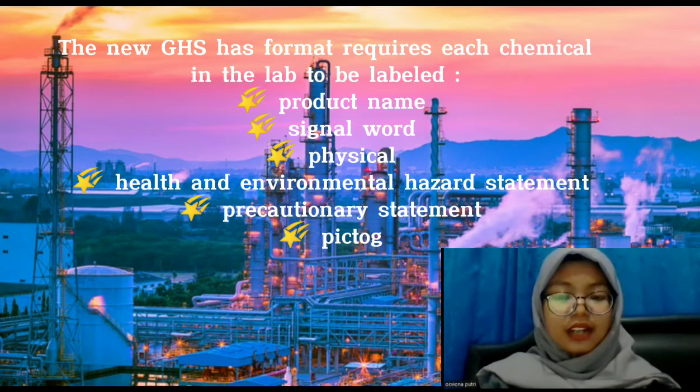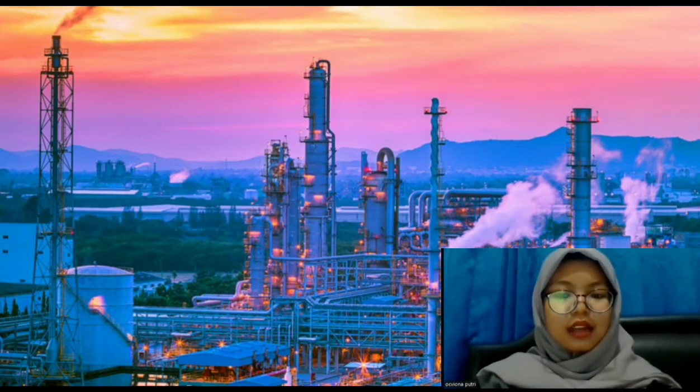The new GHS format requires each chemical in the lab to be labeled with the product name, a signal word such as danger or caution, physical, health and environmental hazard statements, precautionary statements, and pictograms, first aid instructions, and the supplier's contact information.